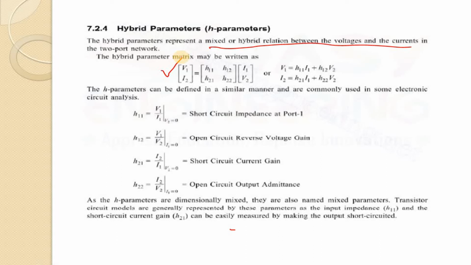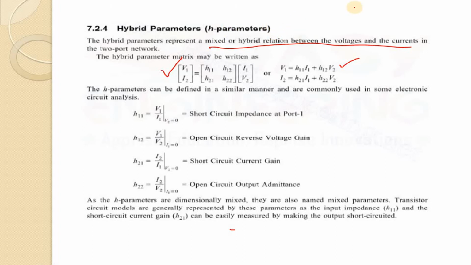So from here we can form the equations, that is V1 equals H11 I1 plus H12 V2, and I2 equals H21 I1 plus H22 V2. Similarly, we can calculate H11, H12, H21, H22 in the same manner.